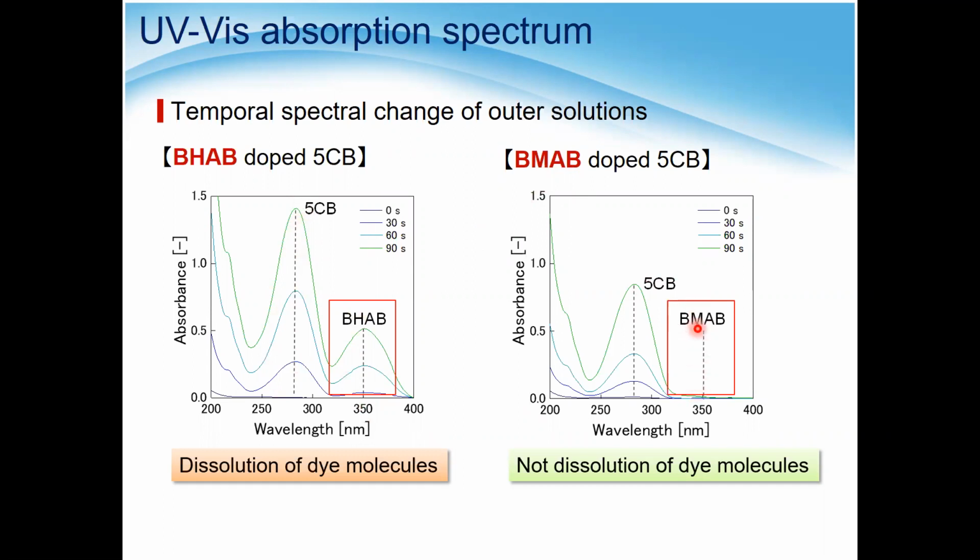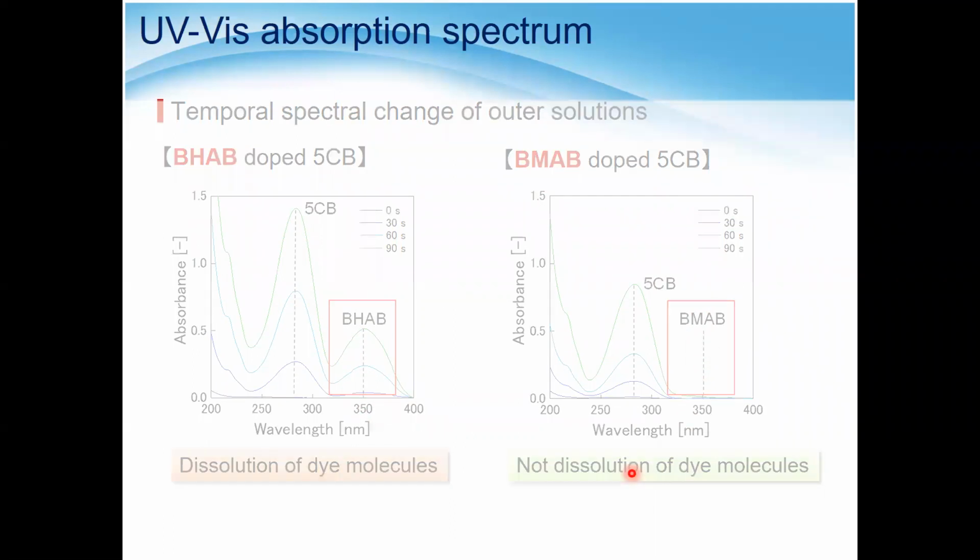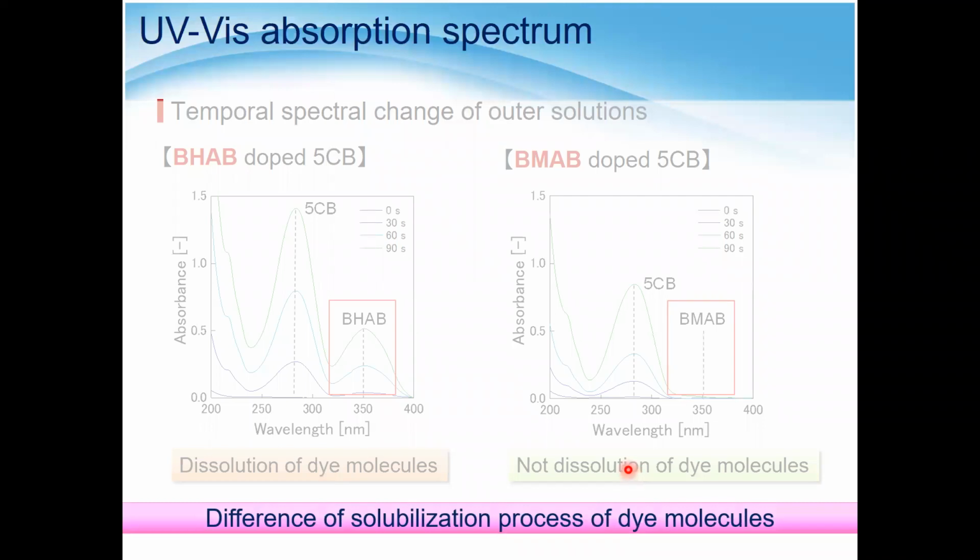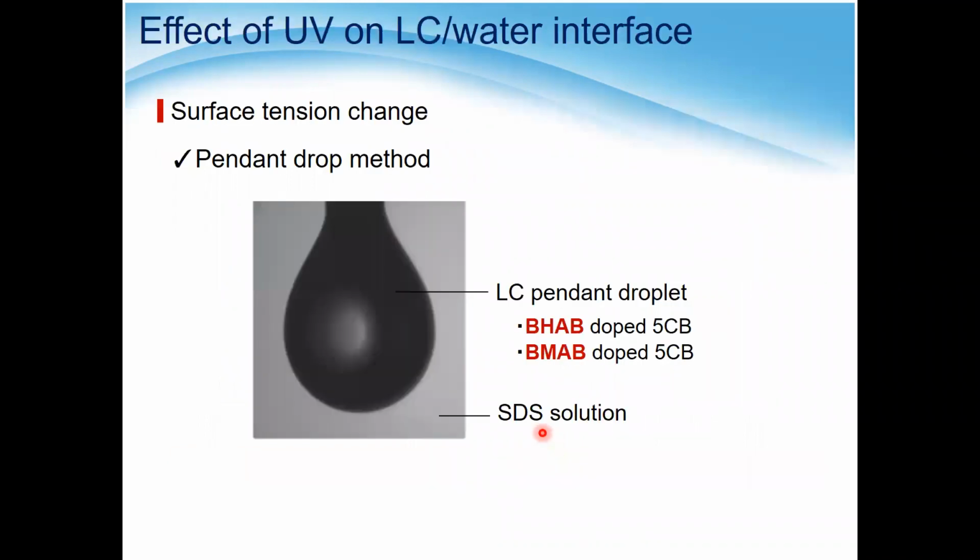So only BHAB was solubilized to the outside, and BMAB was not. This solubilization difference could have some relation with the motion direction.